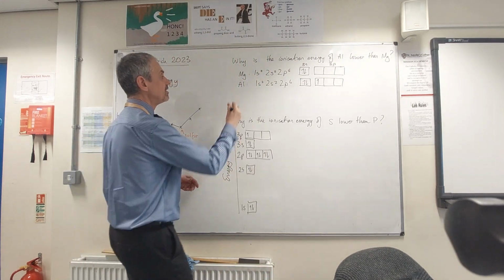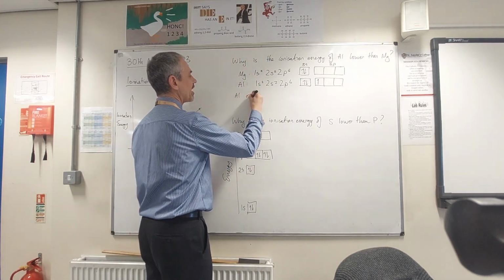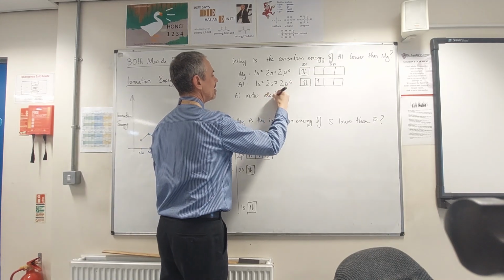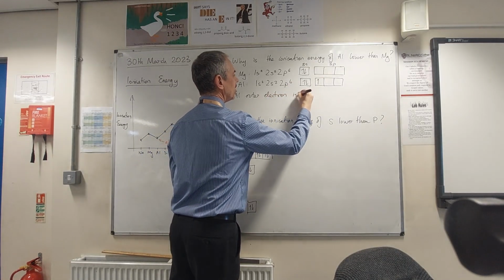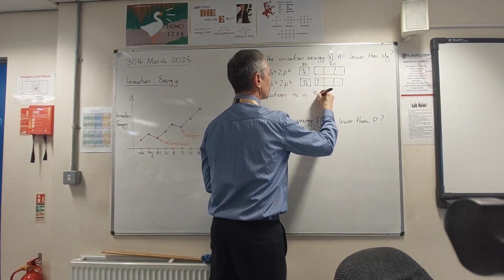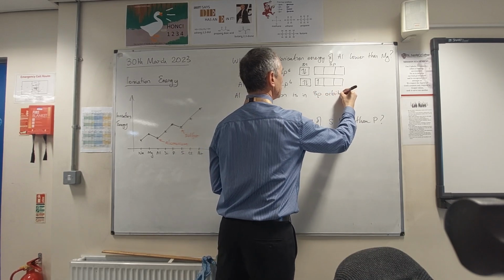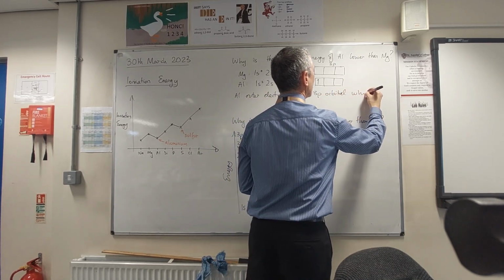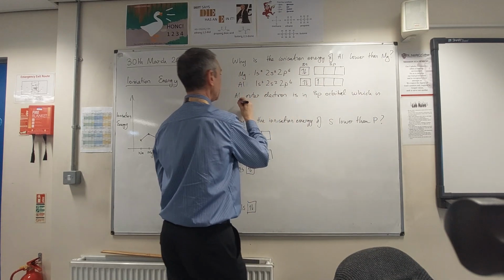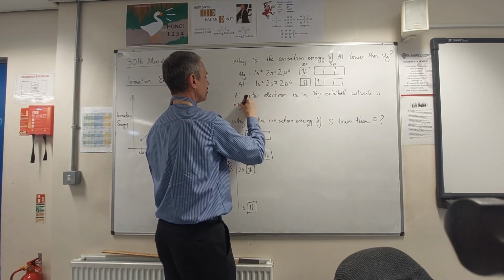So the aluminium outer electron is in the 3p orbital, or the 3p subshell, which is higher in energy.